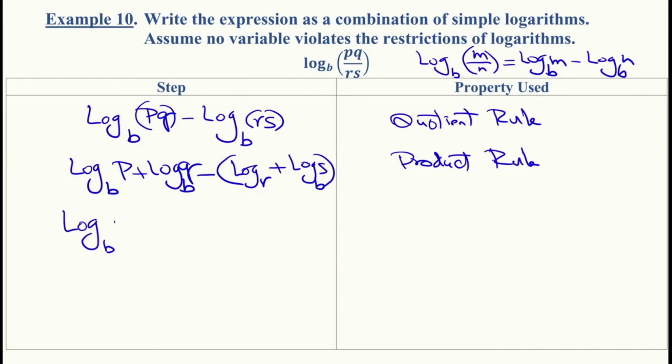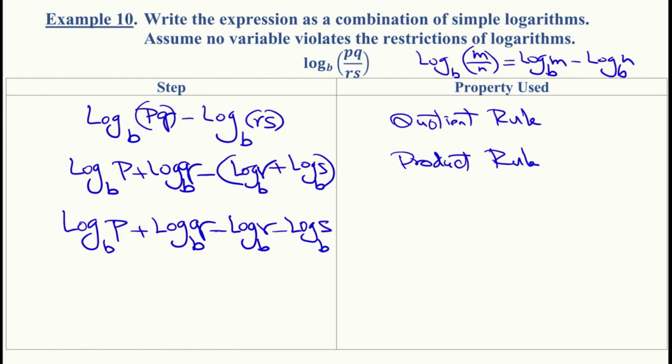Finally, we're just going to go ahead and distribute that negative. So we get minus log base b of r. Be careful where you locate that. It should be at the same level as the log, minus log, and we always want the base on there. So minus log base b of s.